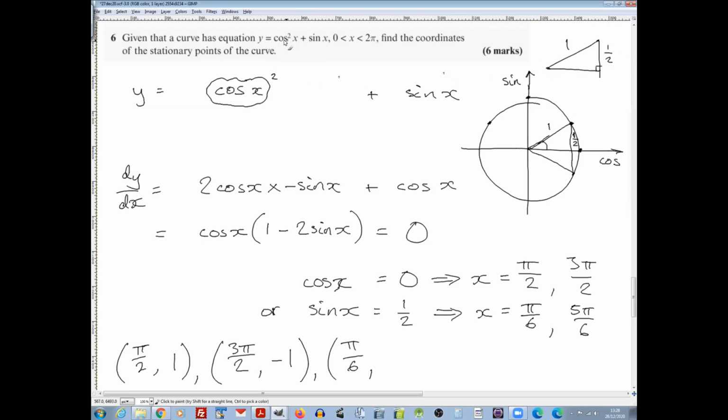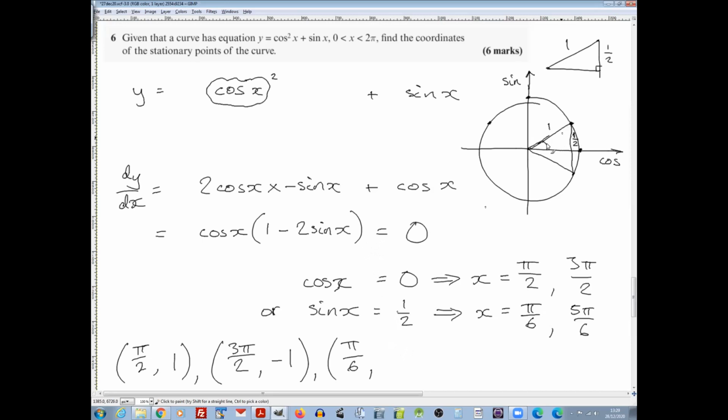So we've got 3/4 plus sine of 30 degrees, which is a half. So y is 0.5, half.